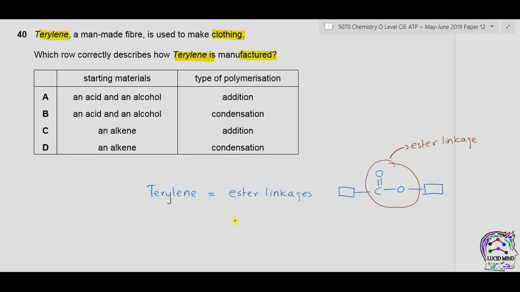And in order to make an ester linkage we need a carboxylic acid and an alcohol. Along with the ester, small water molecules are also formed, so therefore this is a condensation reaction. So we need an acid and an alcohol, and the type of polymerization is condensation, as small water molecules are also formed. The answer is therefore B.